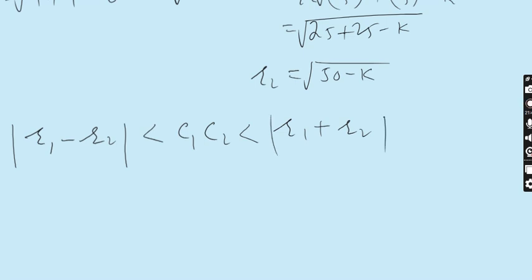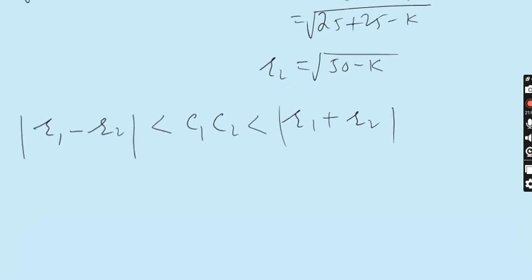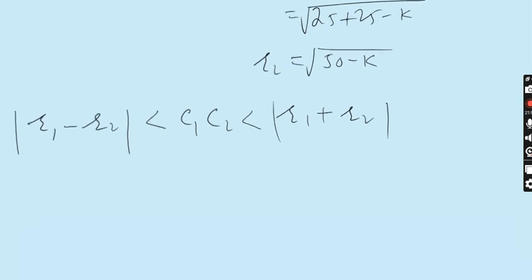So what is R1? Obviously R1 is smaller, root 2, and R2 is bigger, so we have to put the bigger value. So root of 50 minus k, and radius is always a positive quantity, minus R2, which is root 2.